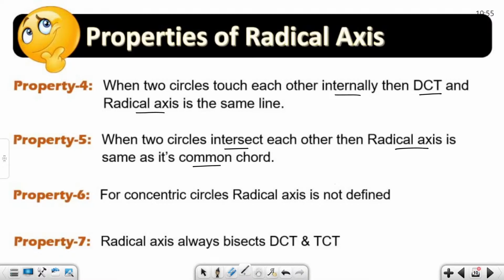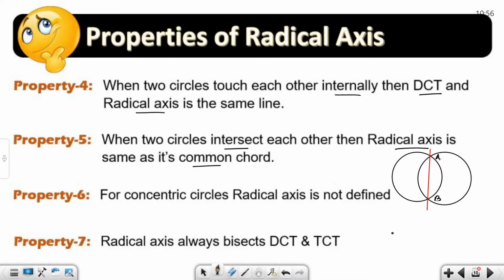Is it clear? It's a very common thing, and we can understand this one. If two circles intersect each other, let us say they intersect at the points A and B. Now, if I draw the common chord, this is the common chord, and this common chord is exactly the same as your radical axis.